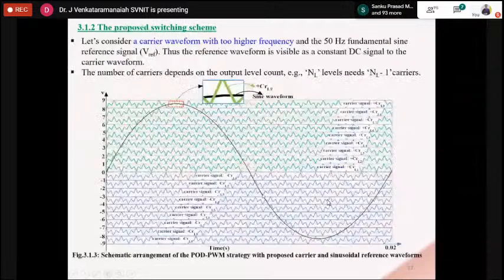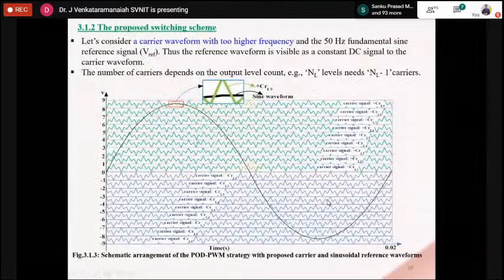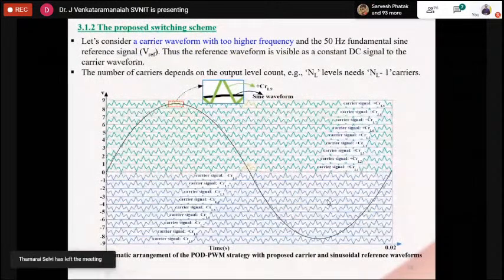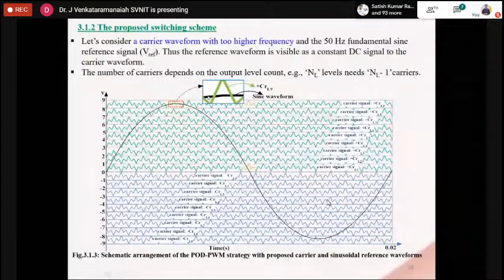This is the new carrier, and I will explain it in detail in further slides. We are considering a new type of carrier which can reduce switching losses as well as EMI issues.